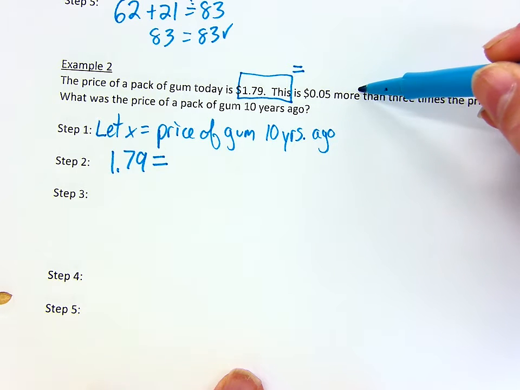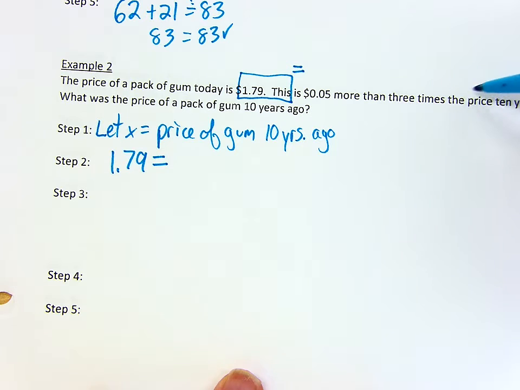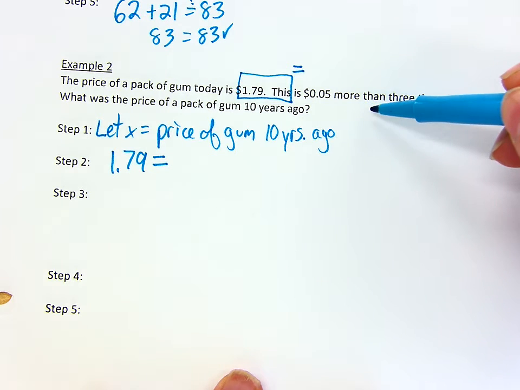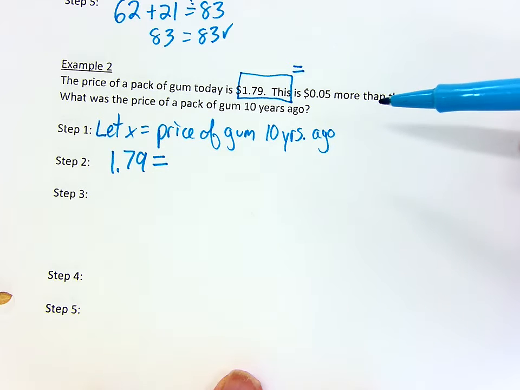5 cents more than 3 times the price 10 years ago. How do I show 5 cents more than the price, 3 times the price 10 years ago? Well, let's go bit by bit. 5 cents more than. What does that mean to do in math? I'm going to add.